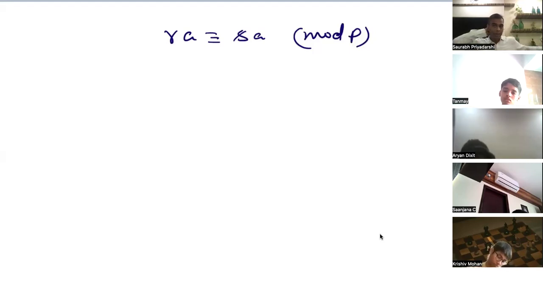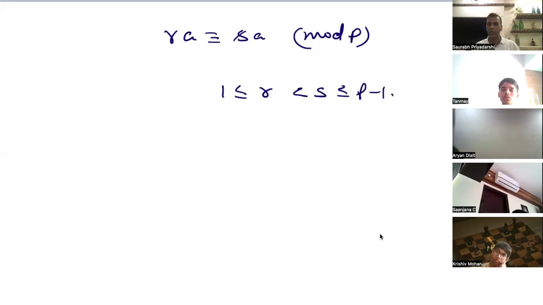We have already taken R and S both different, so I can say R is smaller than S, so 1 is less than or equal to R less than S less than or equal to P minus 1. So RA is congruent to SA mod P, and R and S are different, so I'm writing them in some order, like R is less than S.